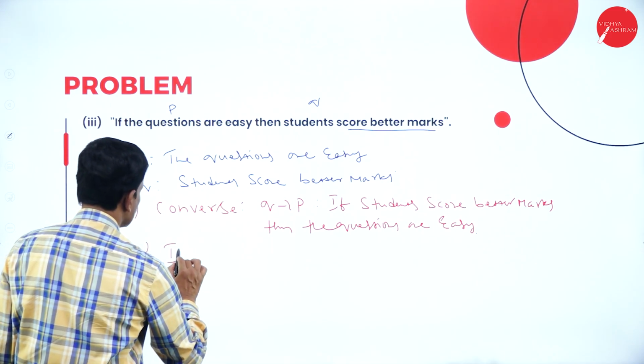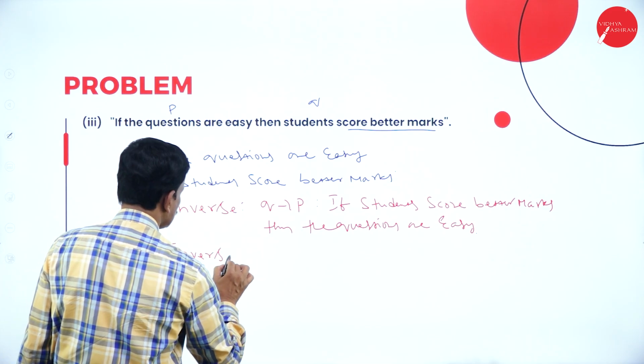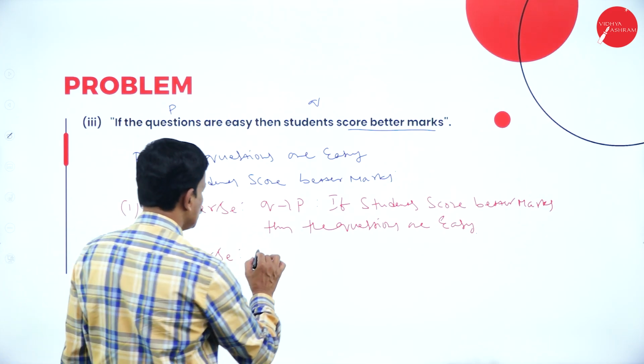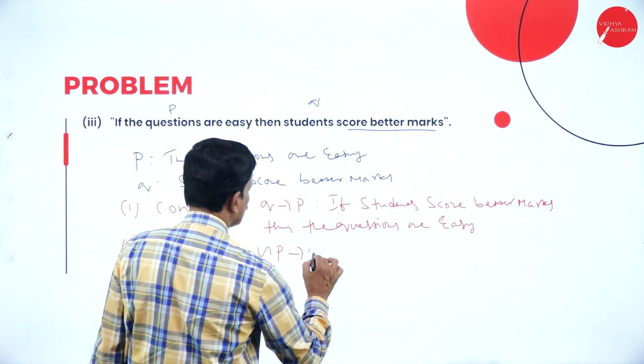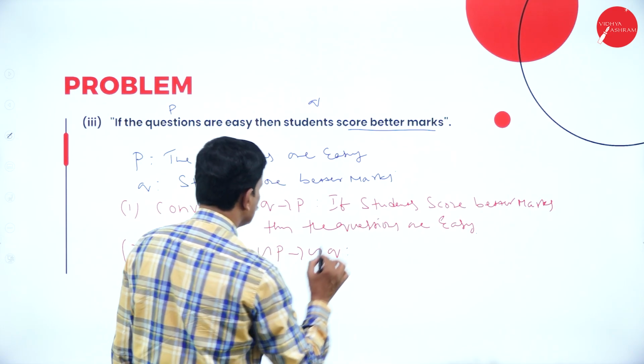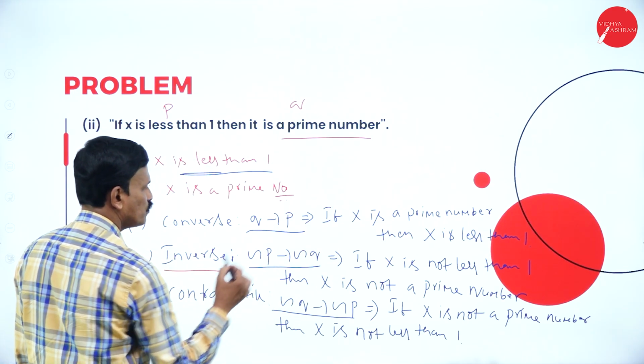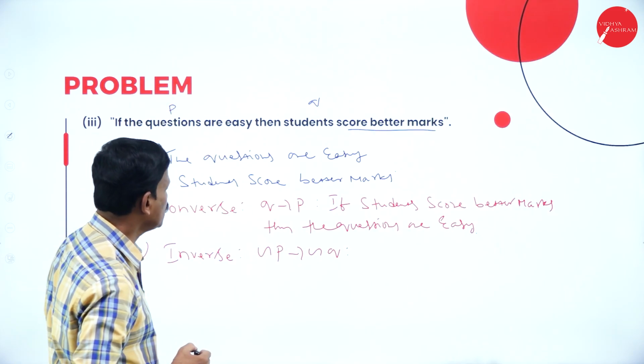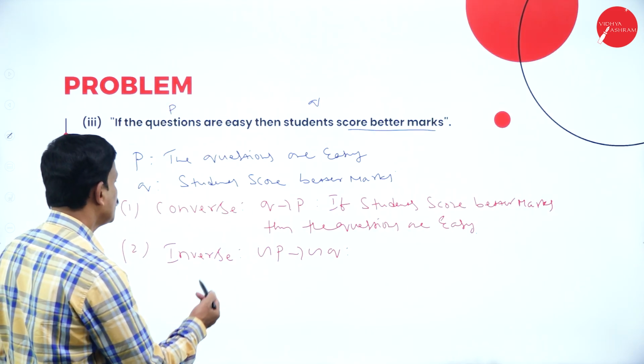Next, inverse. What is the inverse? Inverse is negation of p conditional to negation q. Okay. Now, how to write the negation of p?